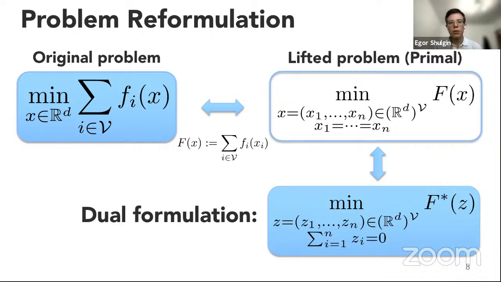And for this dual formulation, we assume that we have access to the dual gradient of the local functions, which is not always the case, but in some applications, we actually have access to these dual gradients. For example, for some ridge regression tasks, or for softmax minimization.